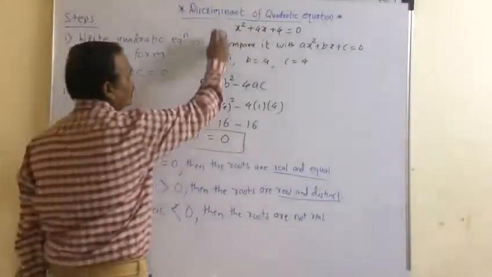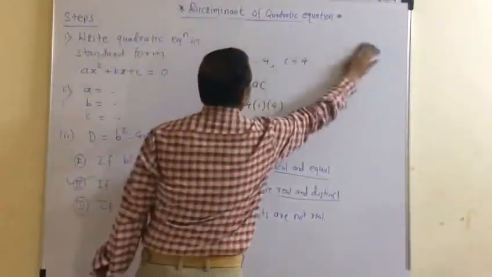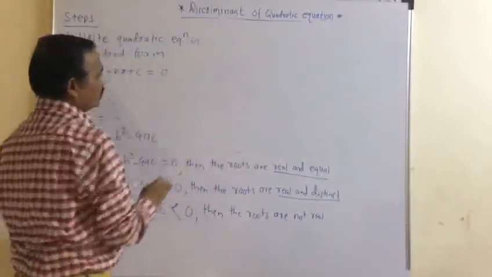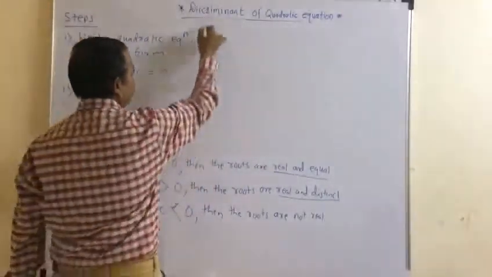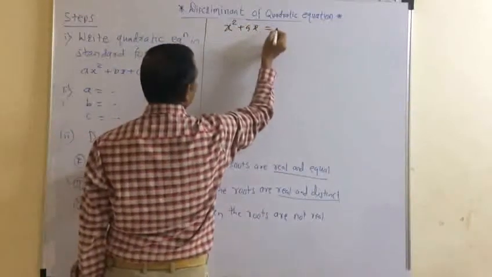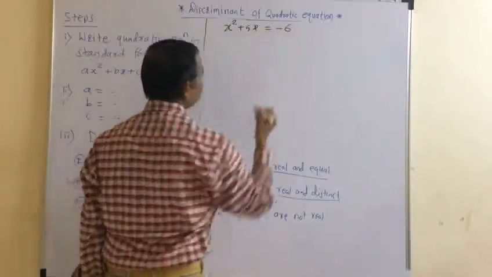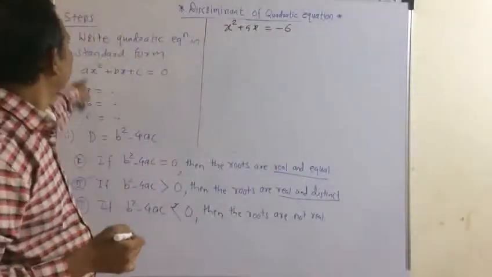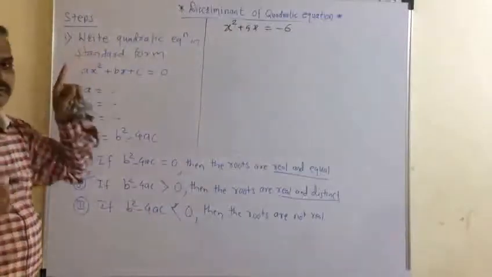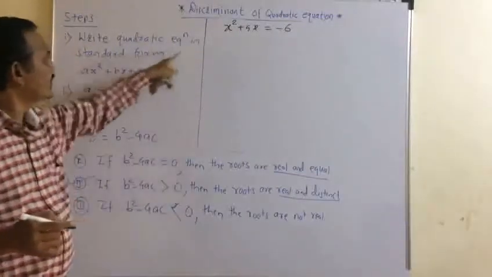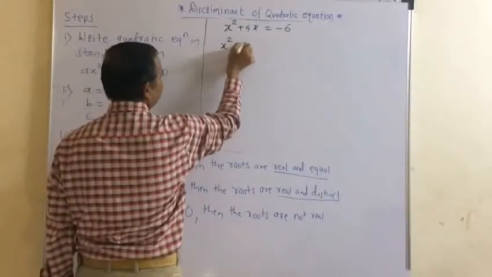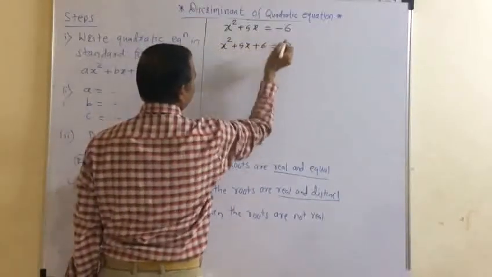So we take another example. Suppose we have a quadratic equation x square plus 5x is equal to minus 6. By using these steps, first we write the given equation in standard form: x square plus 5x plus 6 is equal to 0.